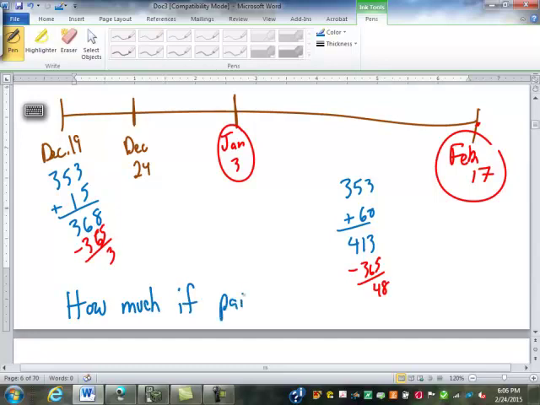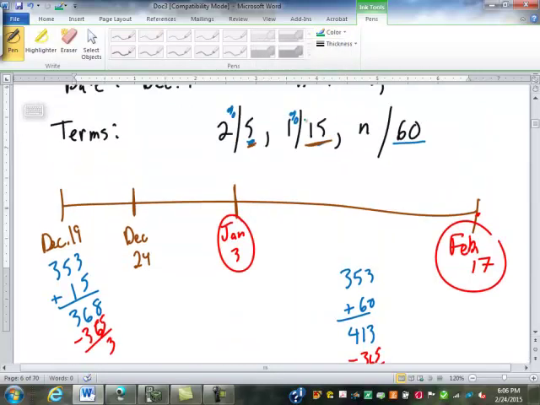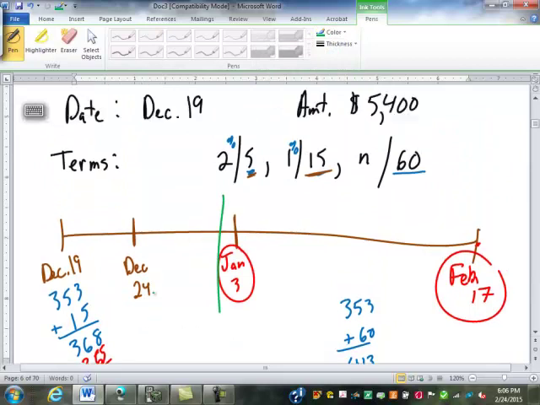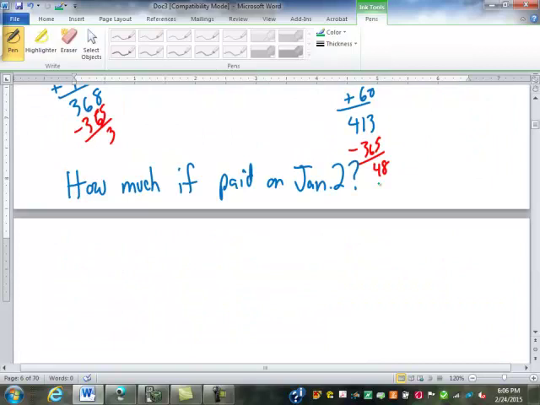How much, if paid on January 2nd? What discount do they get on January 2nd? 1%. So we're going to do what with the 5,400? Times 0.99. Where did the 0.99 come from? 100 minus 1 is 99%.